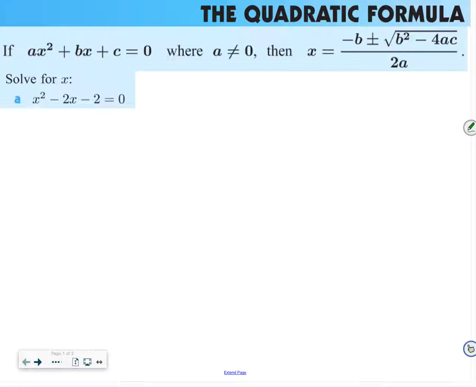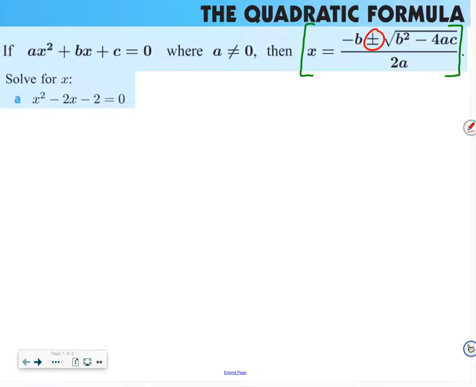Okay, so the quadratic formula is generalized from completing the square, and that formula becomes this. We have negative b plus or minus the square root of b squared minus 4ac over 2a. Notice this can give rise to two solutions because we have a plus and a minus there.